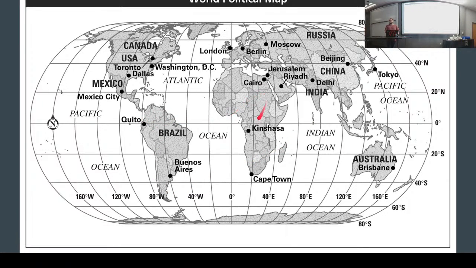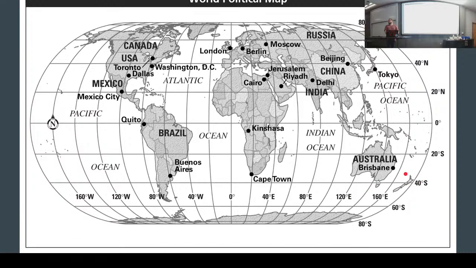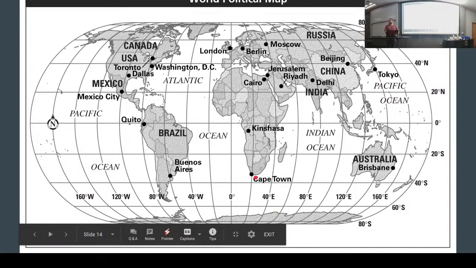And we can do a similar thing for something way off. Let's go Cape Town. So we want to get the latitude again, and this time we're in the southern hemisphere and we're almost right up close to 40 degrees south.